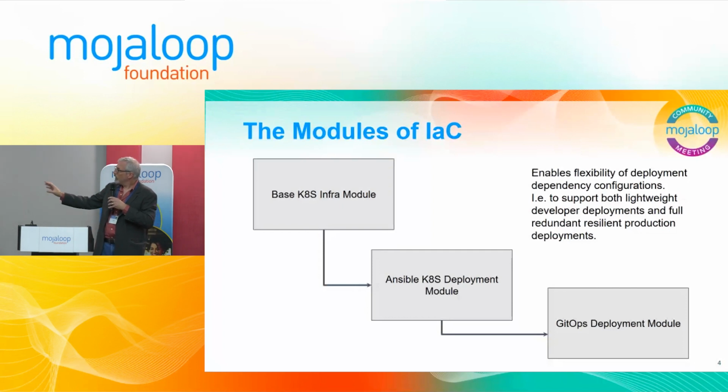So that GitOps deployment model is independent of what cloud or bare metal you're using for your infrastructure. It is a description of the applications that you want to deploy, and it's standalone in terms of being reusable across all the cloud providers and bare metal.